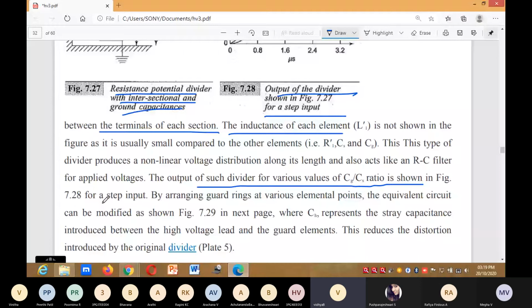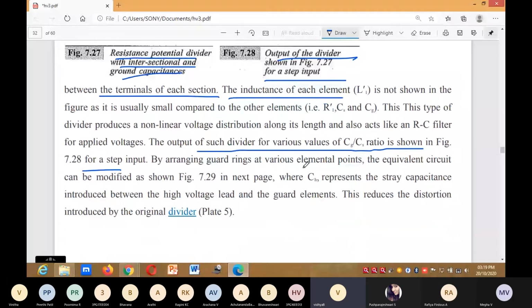You can observe why we use guard rings for uniform voltage distribution. In the transmission and distribution subject, we have learnt about uniform distribution using guard rings. There may be other methods, but when you consider uniform voltage distribution, guard rings are used.